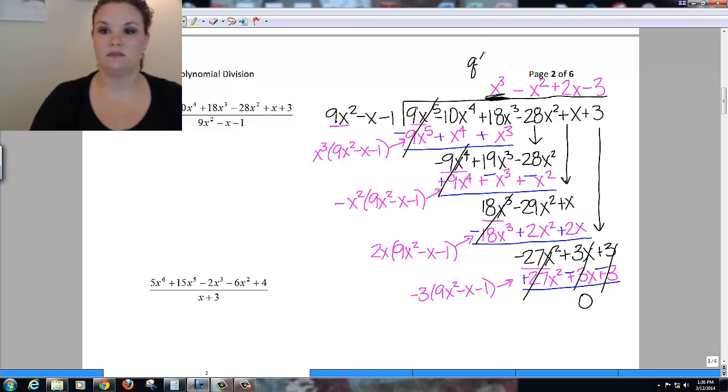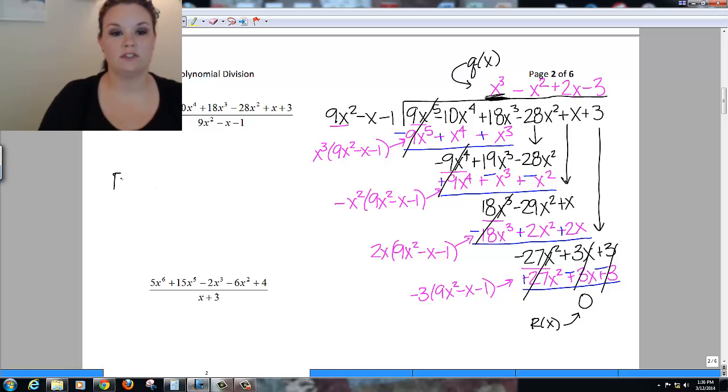Okay, so this is my q of x up here. This is my quotient. This is my r of x because this is my remainder. So if I write this one, my original p of x, my polynomial here on top, that's my dividend.